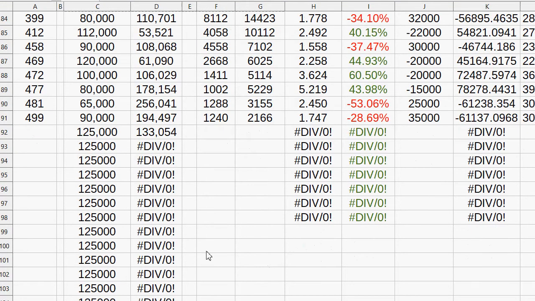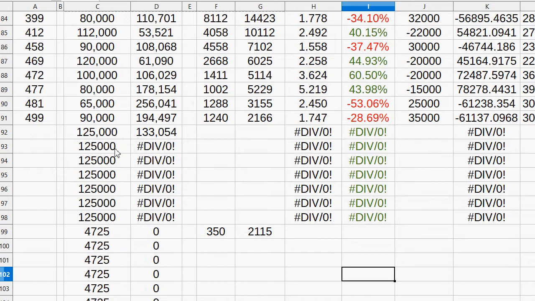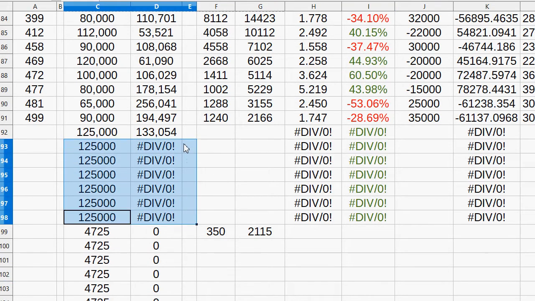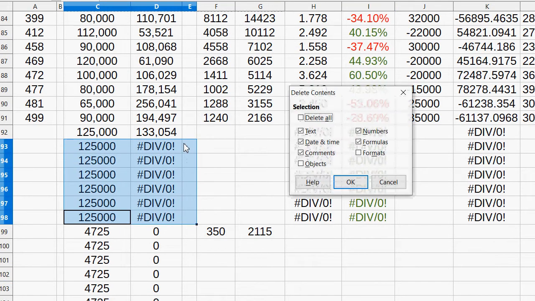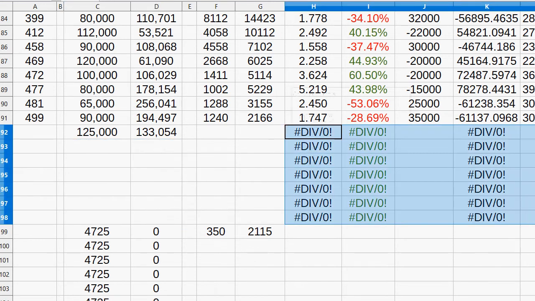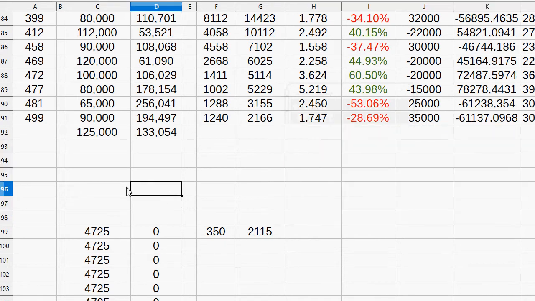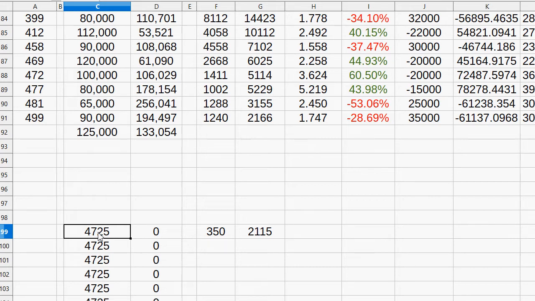So as far as where it stood, when it all came down to it, you start off with 4,725 of the altcoin. You would have increased it to 125,000.